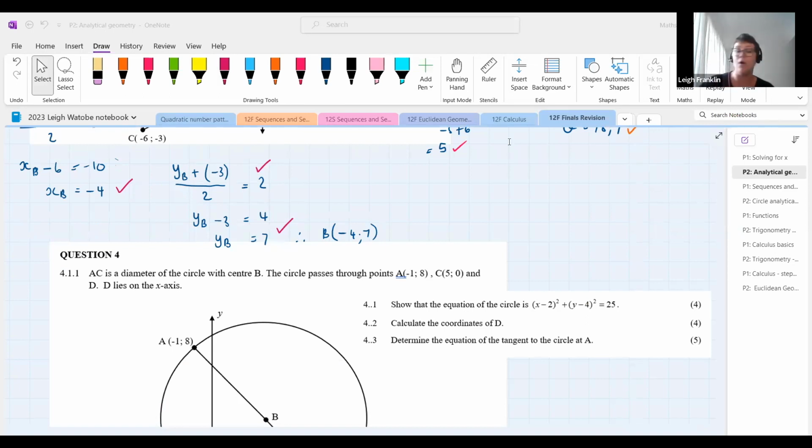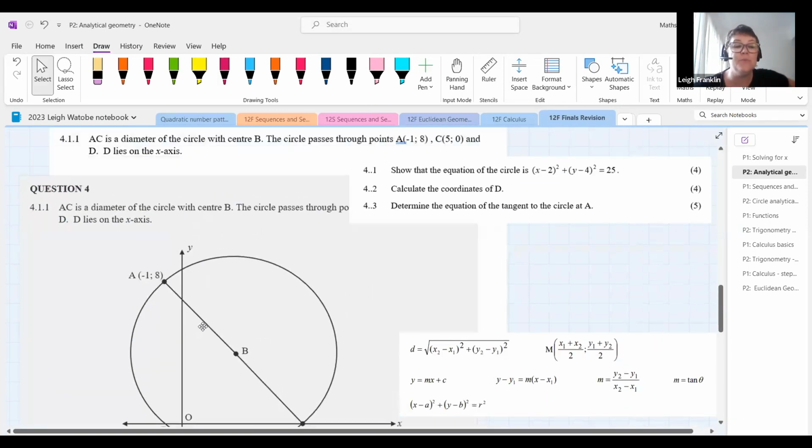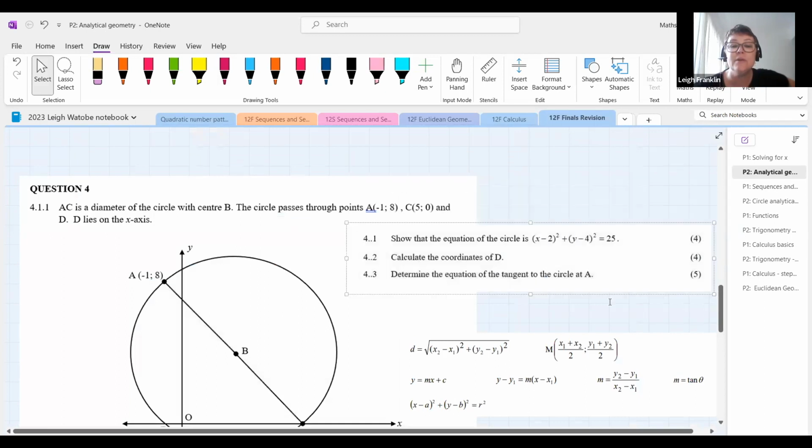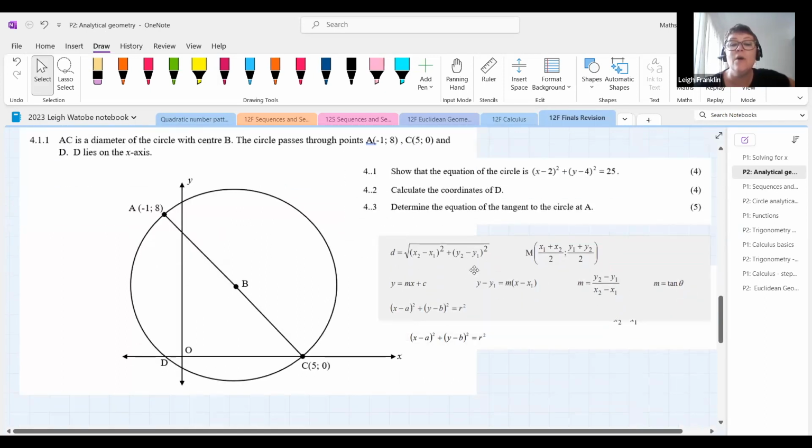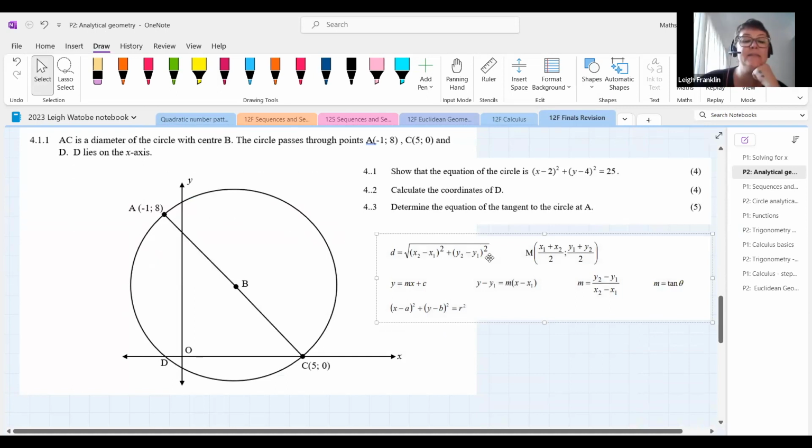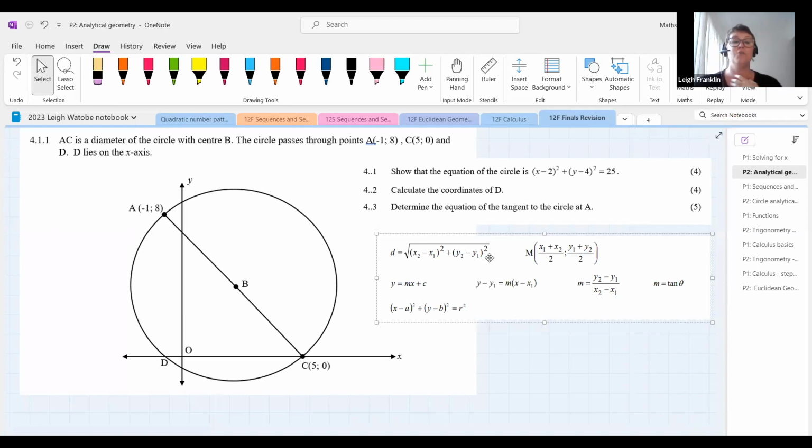Okay. So let's go on and have a look at a circle now. So in this particular case, I'm just going to move this down just a little bit. Put that over there. There's our formulae. Okay, so AC is the diameter of the circle with center B. The circle passes through the points A with coordinates -1 and 8, and C with coordinates 5 and 0, and D lies on the x-axis, and we can see from the coordinates that C has to lie on the x-axis as well.